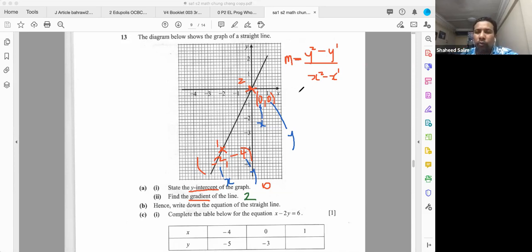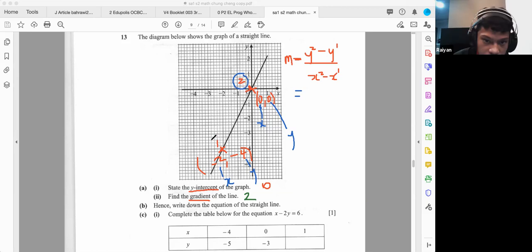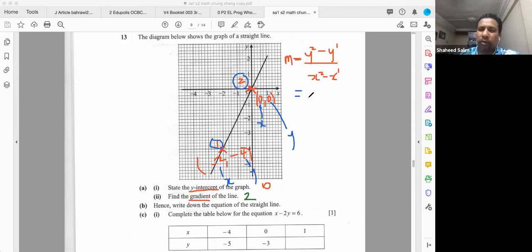Point 2 now. We ask Ryan now. What is the value of y2? Negative 4. Okay. This is y1. We can use your way also. Okay, we use your way. Negative 4. What is y1? 0.